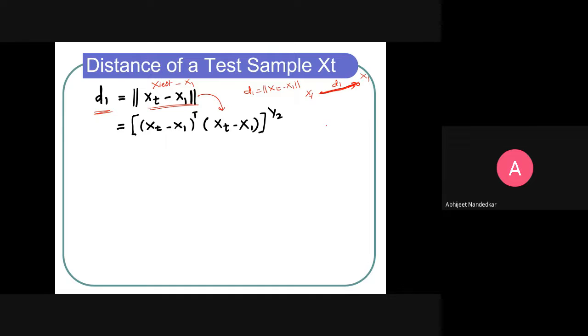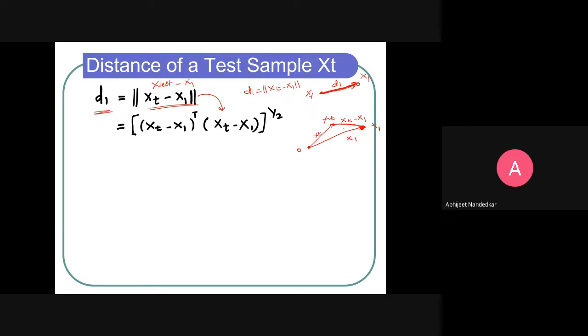Actually, if I draw properly, if I take this origin and if I join this point, this is my xt, and if I take some x1, another prototype, and join with the origin, this vector is the x1 vector, this is the xt vector, and the vector which joins these two is xt minus x1.